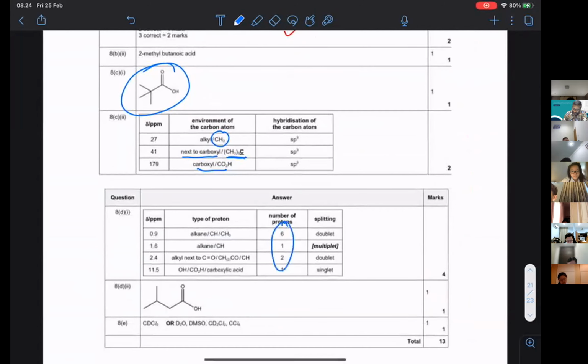Number of proton, this one correct. Number of proton 6. Let's see, 6, 1, 2, 1. 0.9 is 6.